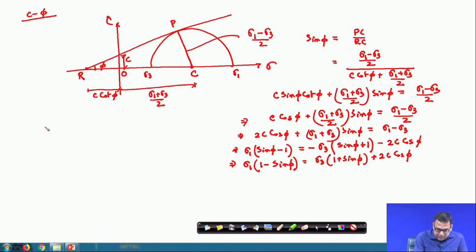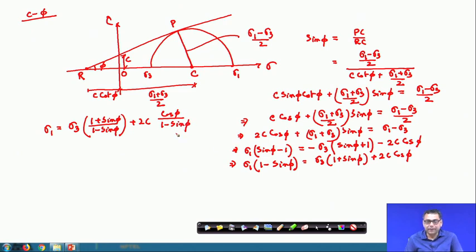So, I can write sigma 1 is equal to sigma 3 (1 plus sin phi)/(1 minus sin phi), and this will be plus 2c cos phi/(1 minus sin phi). Okay.